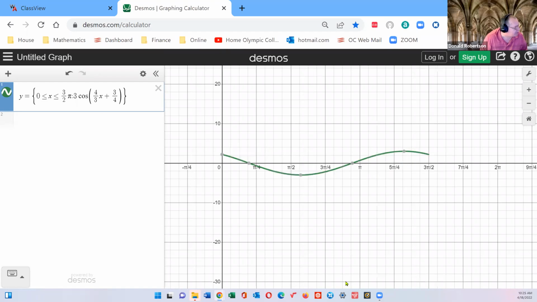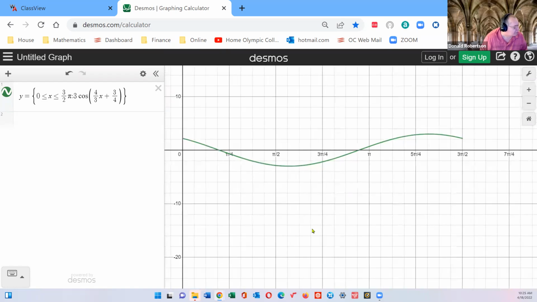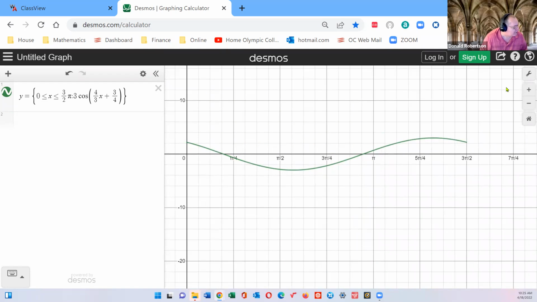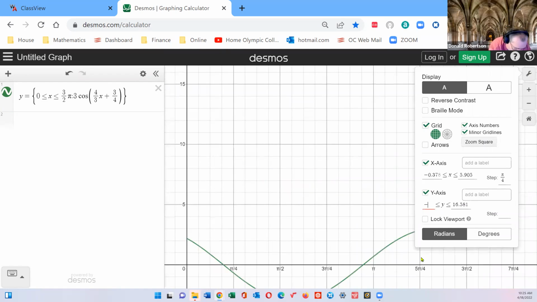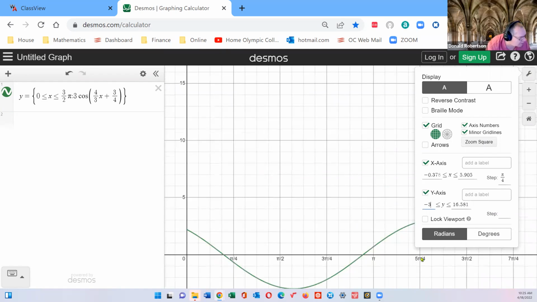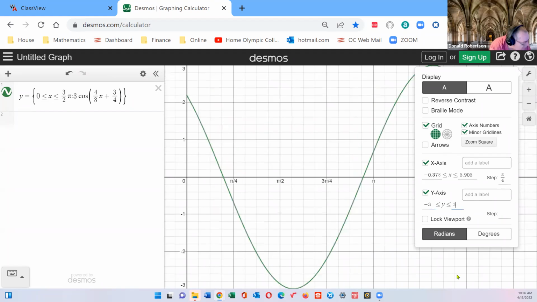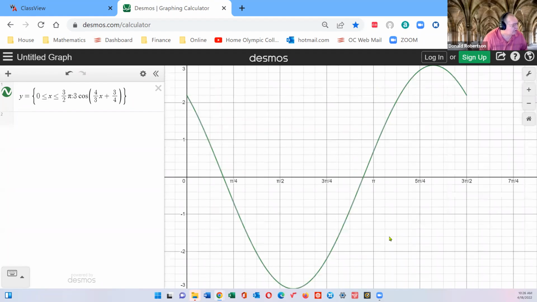Okay, there's the guy. If I take this function and maybe make it a little bit bigger, I don't like the vertical scale, so I'm going to go in here and just change it to 3 and -3. Okay, so that's what the guy looks like. Okay, so that's from 0 to 3/2 pi.